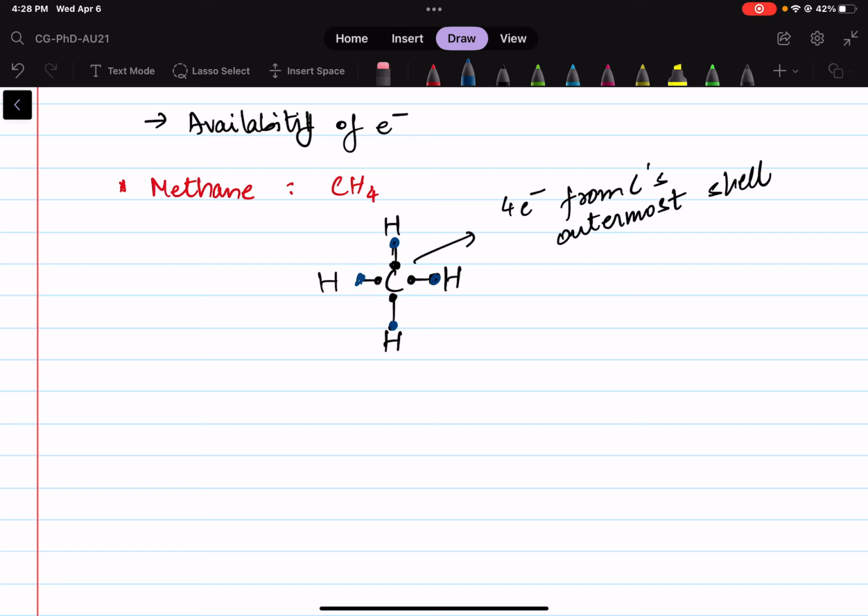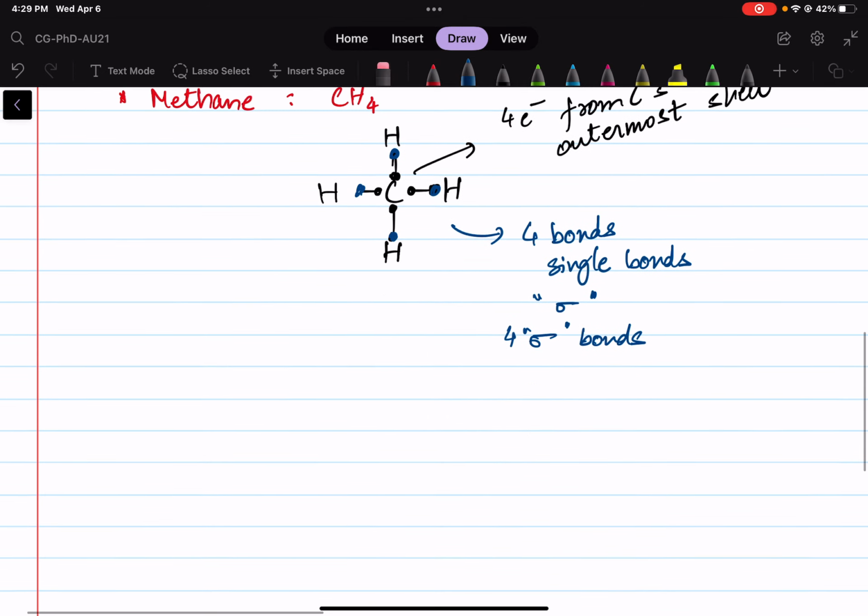Now, hydrogen only has one electron. So they each combine and then they create 4 single bonds. Therefore, this is called a sigma bond. So this has 4 sigma bonds.